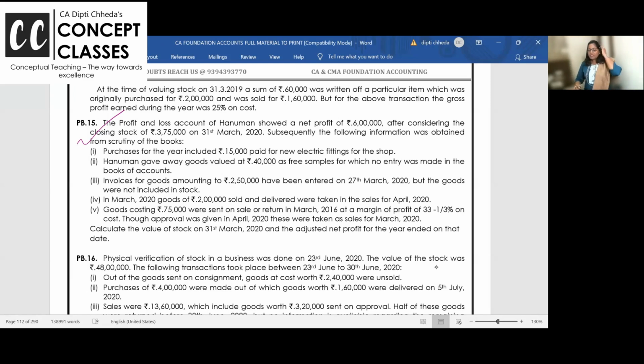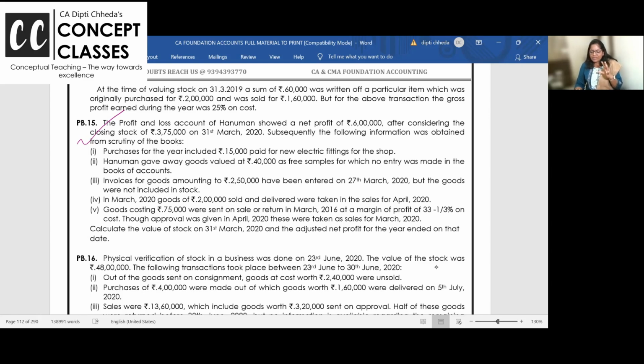The profit and loss account of Hanuman showed a net profit of 6 lakh, after considering closing stock of 375, profit is also given. Subsequently, some information came to scrutiny, some mistakes, some omissions. Yes, it's a nice problem of rectification of inventory combined. There's a reason why I missed it and I'm taking it now.